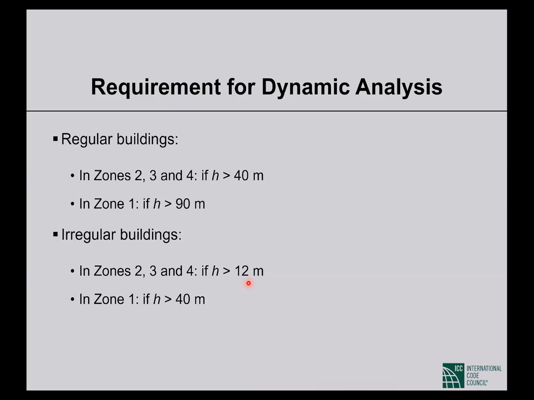And the architect has designed a parking floor in the ground story. Then that makes it a soft story. So there is a vertical irregularity, and the building is 6-storied or 7-storied. This is an irregular building more than 12 meters of height. So you have to use dynamic analysis. You can no more just resort to the equivalent static load method. So this is something very, very important.